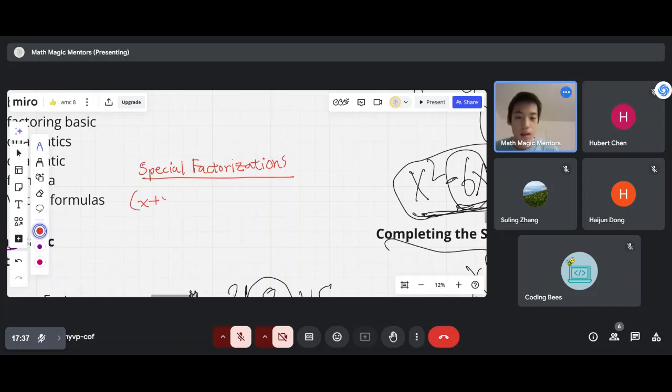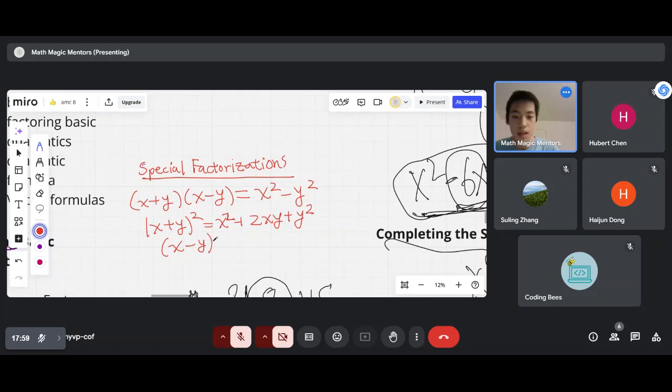So x minus y times x plus y will give us x squared minus y squared. X plus y whole squared will give us x squared plus 2xy plus y squared. And x minus y whole squared will be the same thing, except you're going to have a minus in front of the 2xy instead of a plus.